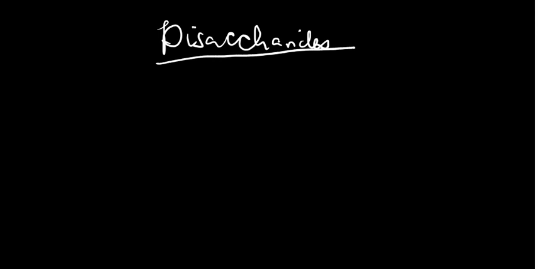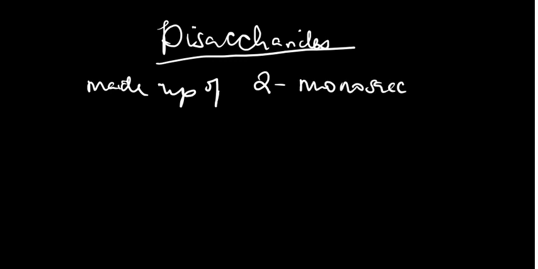All right, another thing that we're going to talk about is the disaccharides. Having explained disaccharides, we know that they are made up of two monosaccharides. So don't forget this point. This point is very important.